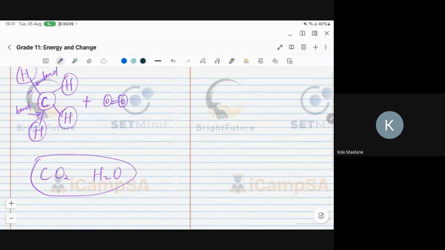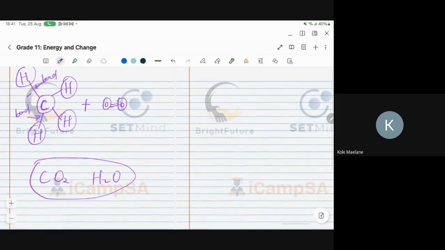Right, during this reaction, for these reactants to form these new products, bonds will have to be broken for the methane molecule so that the C can go to bond with the O, and the H's can bond with the other O's as well to form this water, right?